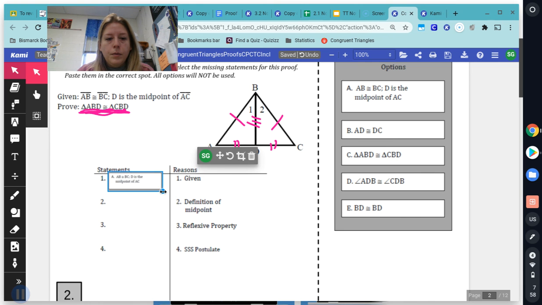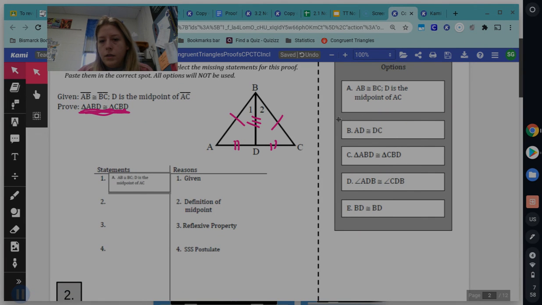Too big. Okay, definition of midpoint. D was the midpoint, and when we decided it was middle, we marked AD congruent to DC. So that is our next reason.